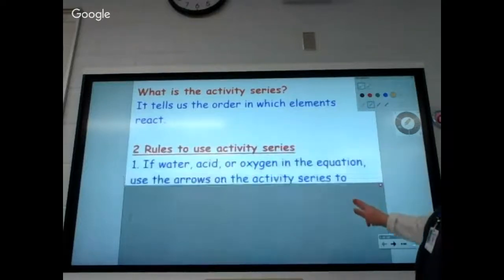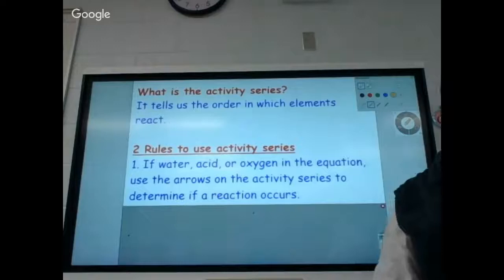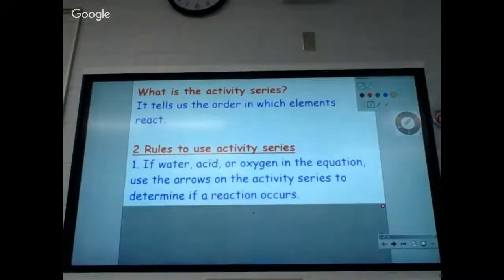Now, this is the most note-filled slide in the whole thing. Most of them are examples. So there are 2 ways to read the activity series. All right. Number 1, there are arrows on this chart. The arrows are based on water, acid, and oxygen.